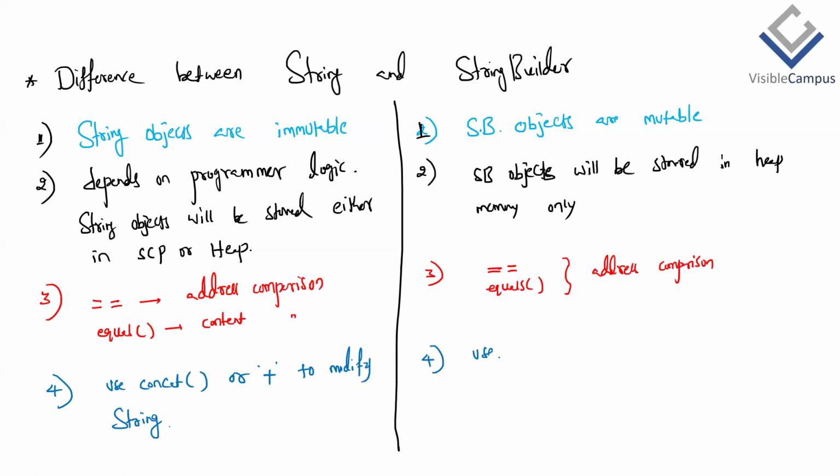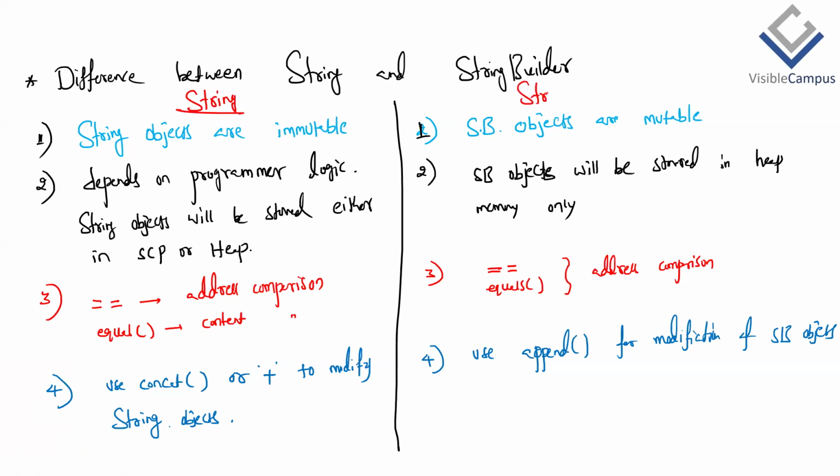Use the append method for modification of StringBuilder objects. So these are some differences between String and StringBuilder. Remember, being a fresher, you can expect this question: these points about String, these points about StringBuilder.